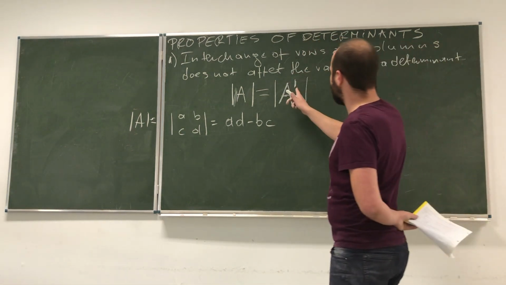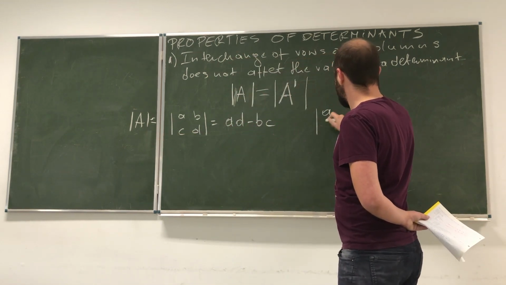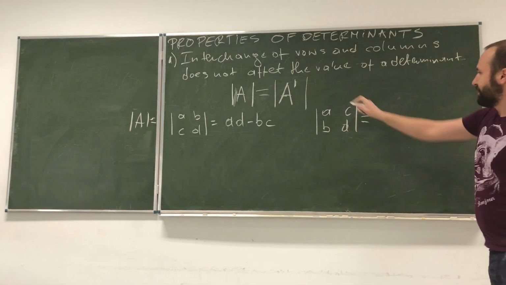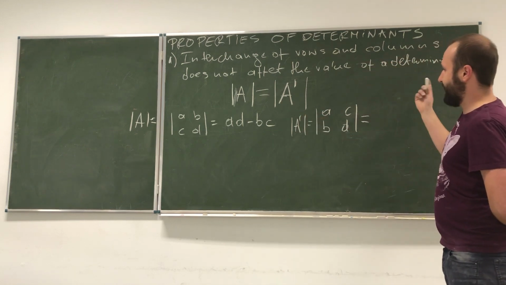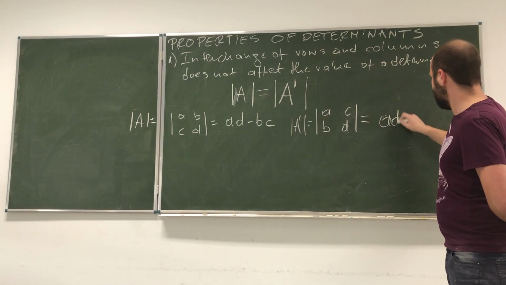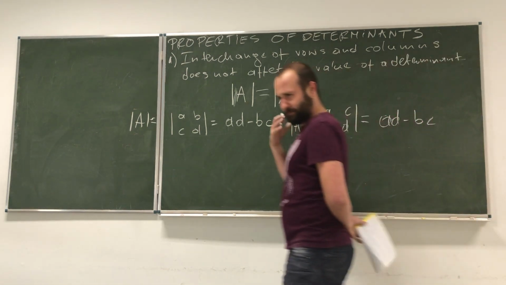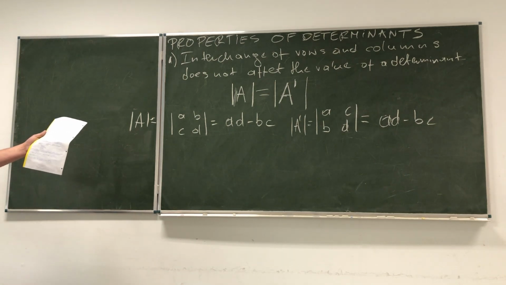Now, if I'm going to take the transposed determinant, I would have A, B, C, D, right? This is AD minus BC. Okay, so look, this property is very simple, but what the implications of this property are we will be discussing a little bit later.